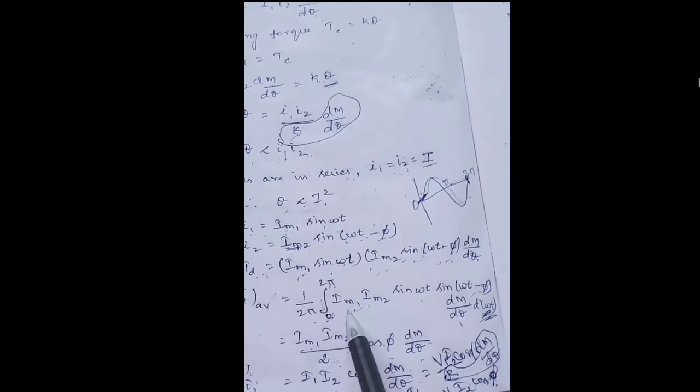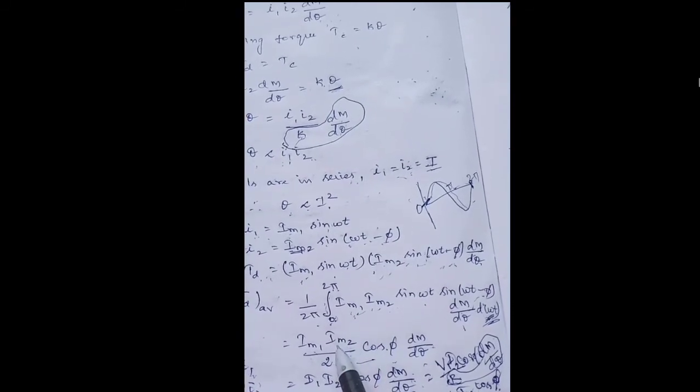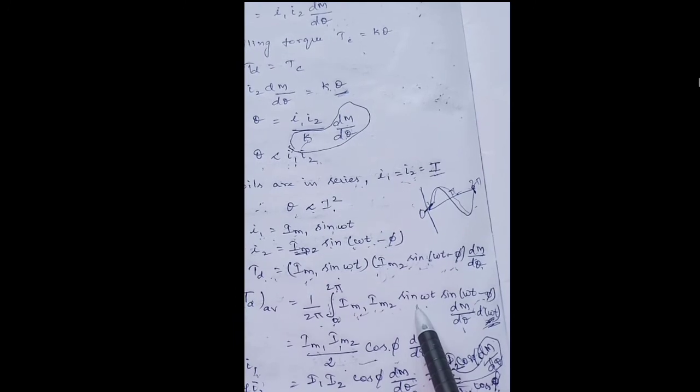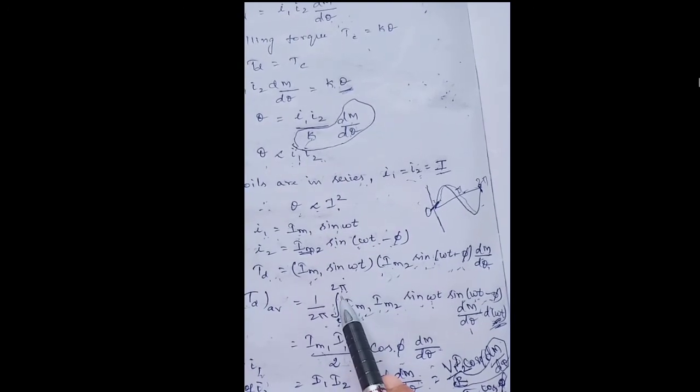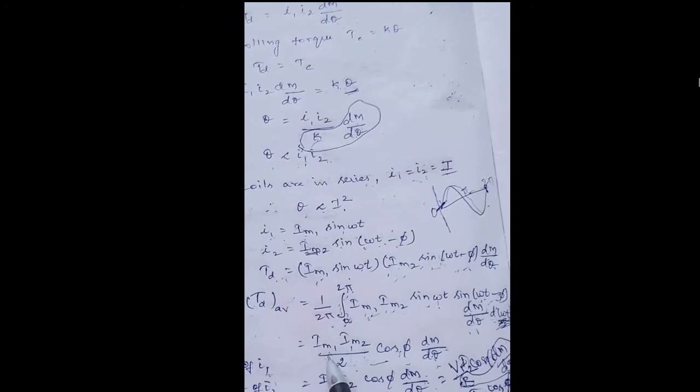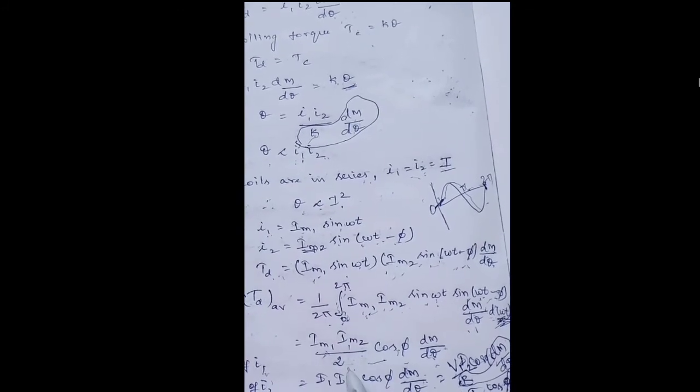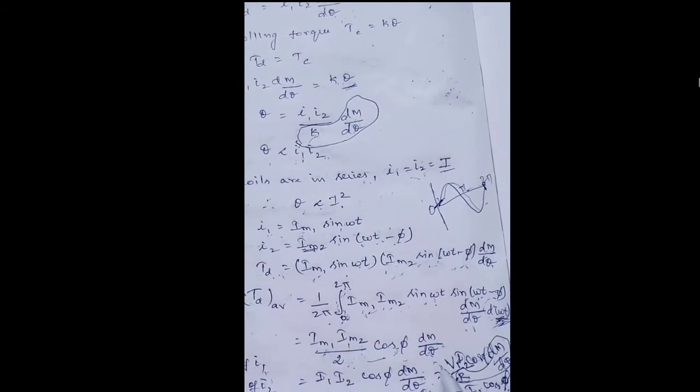In our next step, when we integrate, this Im1 Im2 will be constant, so taking it outside. The integration of sin omega t sin of omega t minus phi, after applying the limit 0 to 2 pi, changes to cos phi. The remaining term remains the same, dm by d theta. After integrating, there is no need for writing the integral term. So as it is, the equation changes as Im1 Im2 by 2 cos phi dm by d theta.